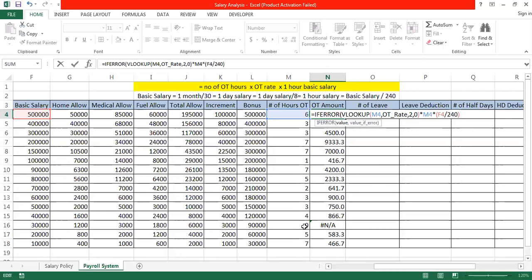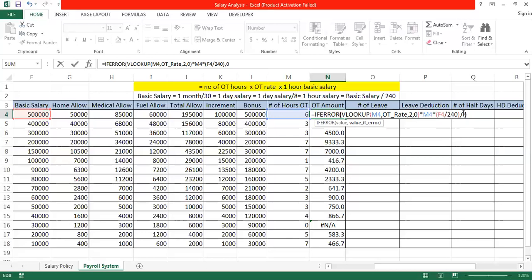If we have zero overtime hours, there will be no overtime amount. So I can assign zero. If error, that is zero, which is not defined, so on zero overtime hours, no overtime amount will be given to the employees. So after comma, I have assigned over here a zero.